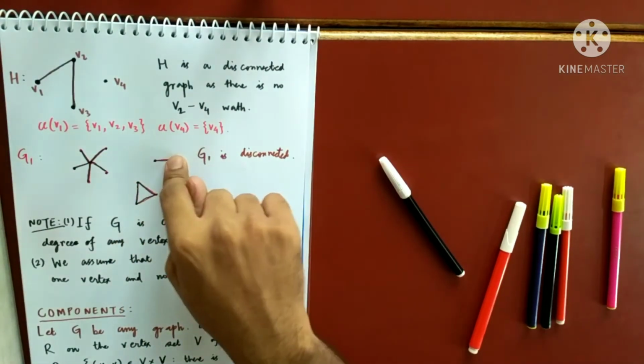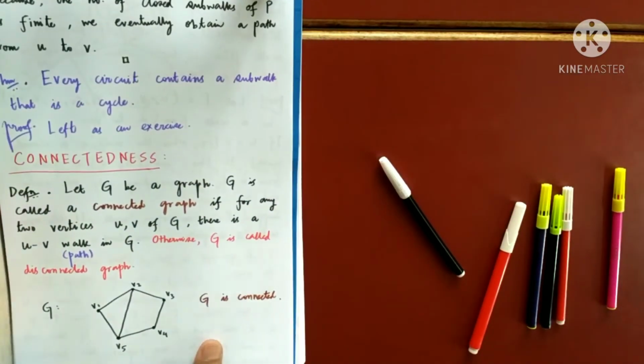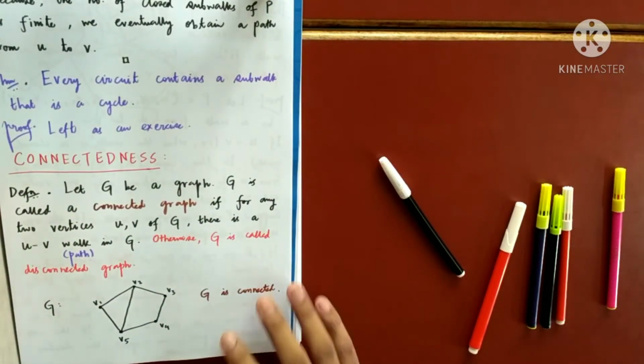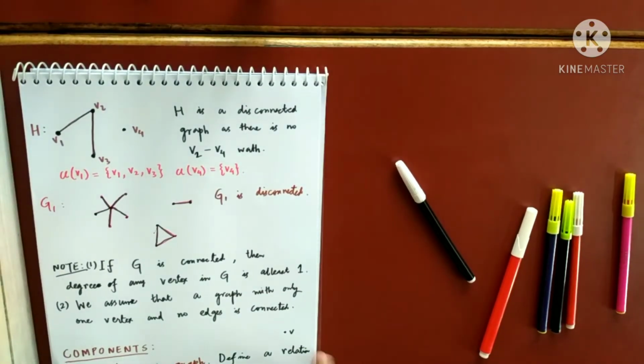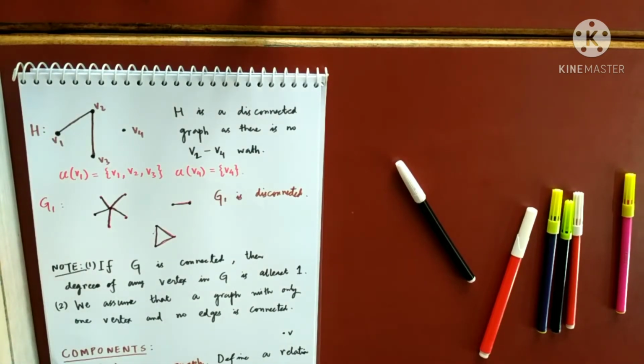This one has three components, whereas the graph G has only one component. So, understood the definition of components? I will write all of these, don't worry, first understand. So in simple words, components are nothing but subgraphs.